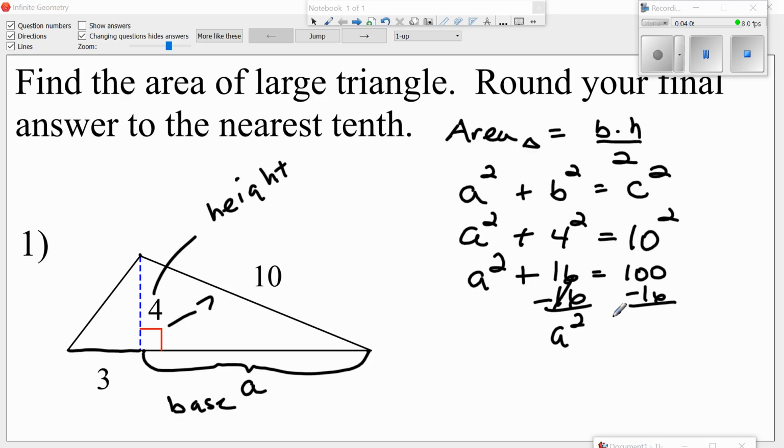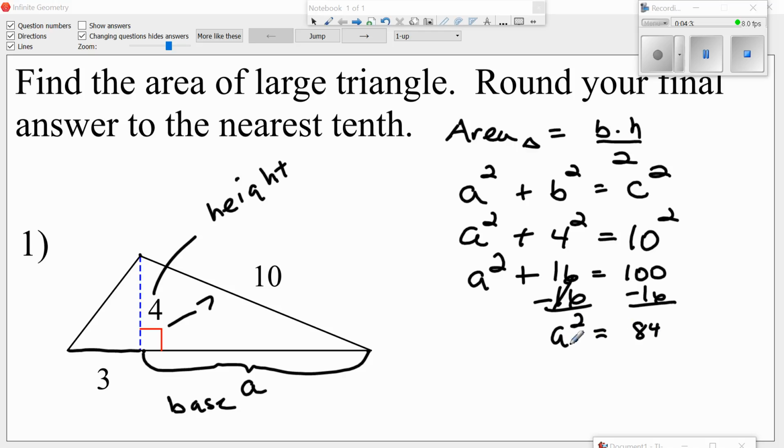Keeps the equation balanced. When you do one thing to one side, you got to do it to the other. So I take 100 minus 16, and it's going to give you 84. 10 minus 6 is 4. 9 minus 1 is 8. Alright, okay. Now I have A squared is equal to 84.